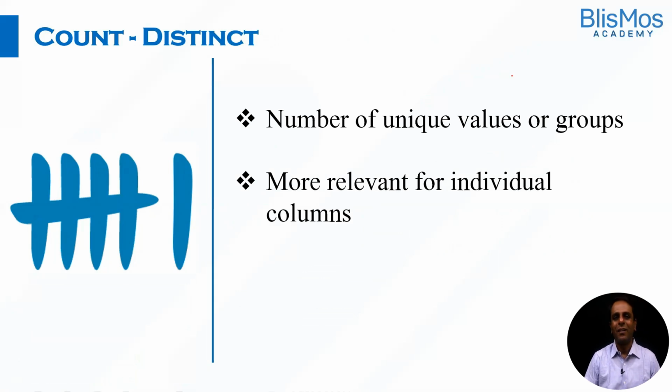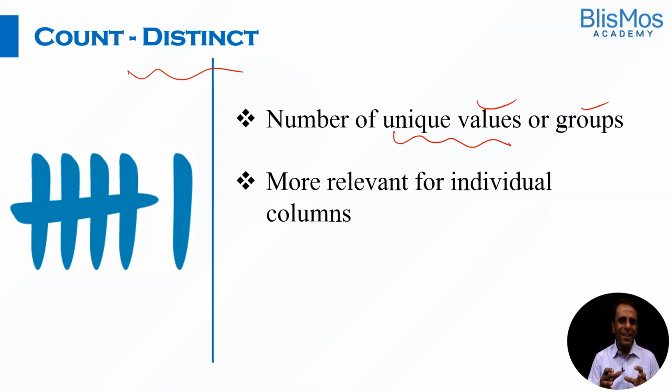Sometimes counting all the values in a column may not be relevant. Sometimes you want to know only the distinct values in a column. It may be distinct cities, it may be distinct products, many aspects. In that case, we can use count distinct. Count distinct counts the number of unique values or groups.